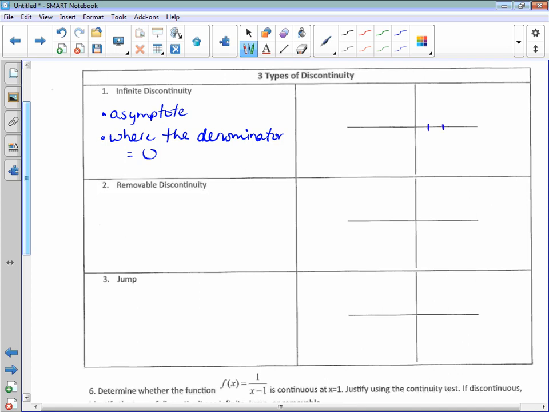Graphically, you might have seen this before. All right, removable discontinuity, that's a hole.